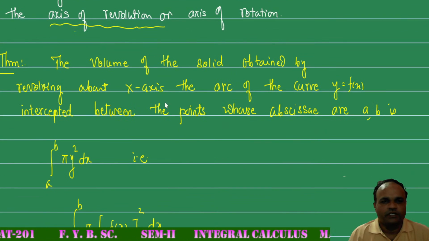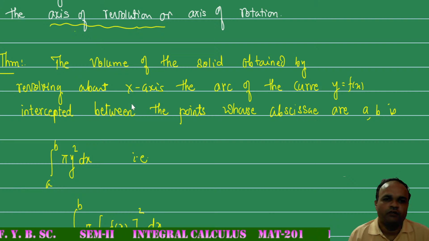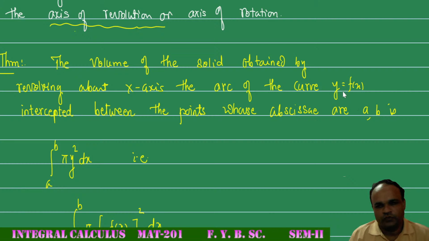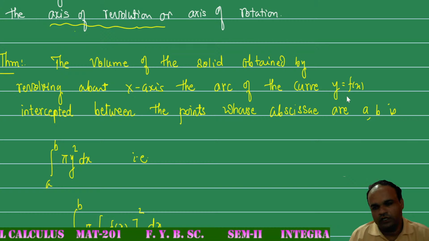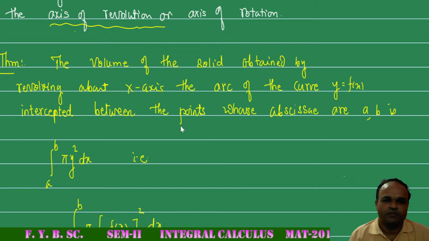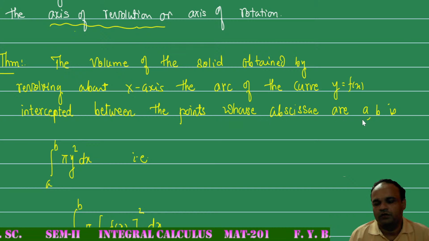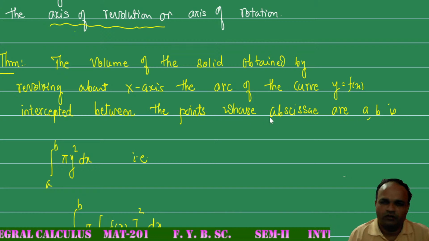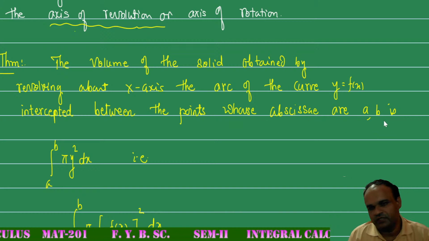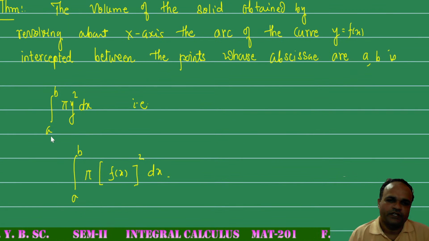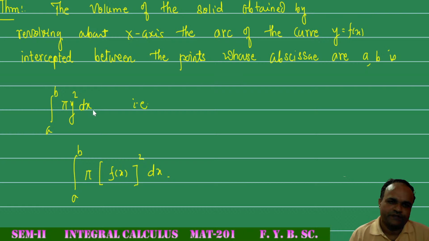There is one theorem: the volume of the solid obtained by revolving about the x-axis the arc of the curve y equal to f(x), intercepted between the points whose coordinates are a and b, or between the ordinates x equal to a and x equal to b, is given by the integration from a to b of pi y square dx.